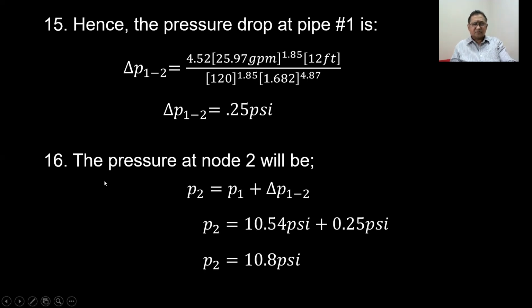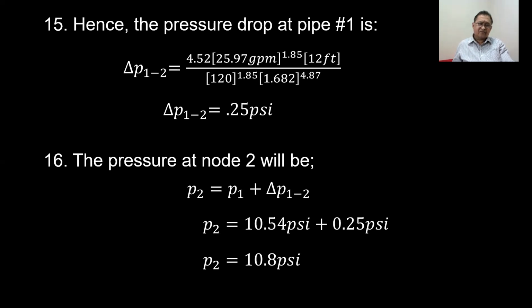Hence, the pressure drop at pipe number 1 can be calculated to be 0.25 PSI. To get the pressure at node number 2, we will simply add 0.25 to the pressure at node number 1. We will add because we are going upstream.